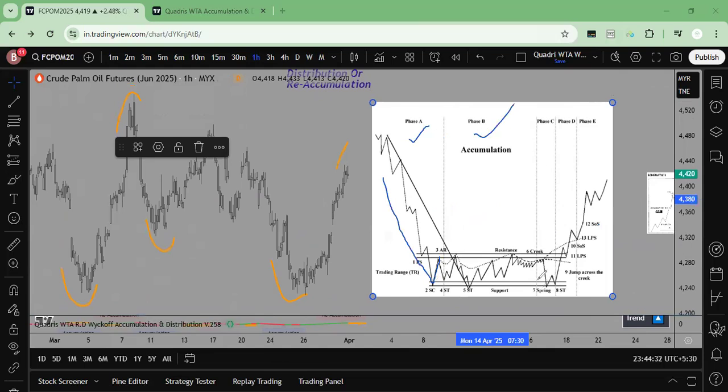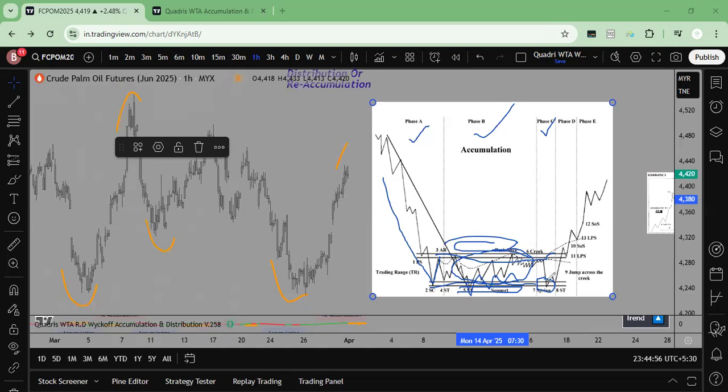Phase C is confirmed when we have a spring. That is called phase C. Whatever price action has done in between this line. So we draw a line from the automatic reaction, and from the selling climax we draw a support, and we intend that price might be testing it many times from both sides, giving us multiple tradable opportunities.